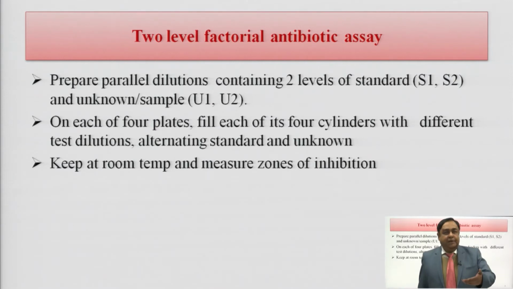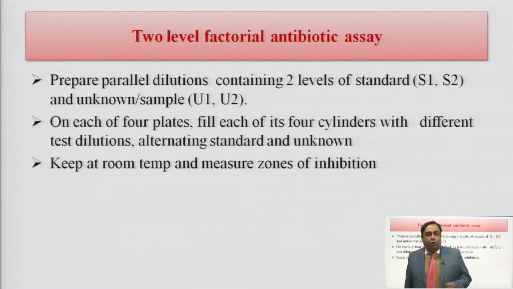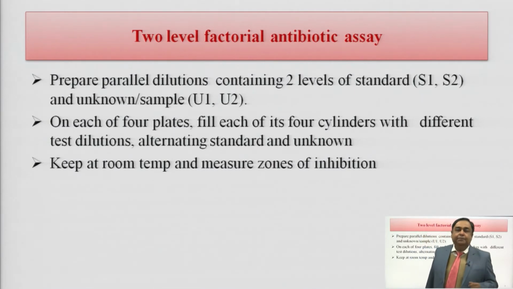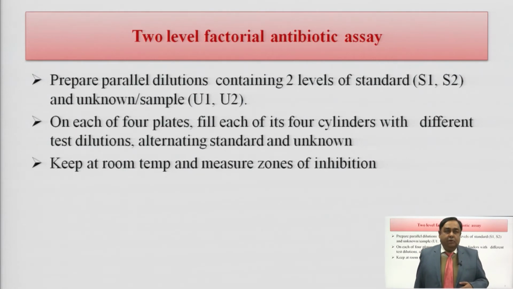So, let me explain in a bit of detail how we are carrying out the two level assay. First of all, we have to prepare parallel dilutions of two levels of standard, S1 and S2. S1 the lower level, S2 being the higher level, and we take two levels of the unknown samples as U1 and U2.